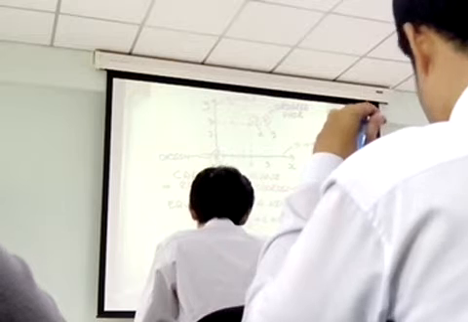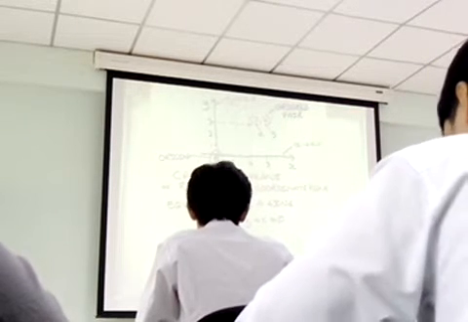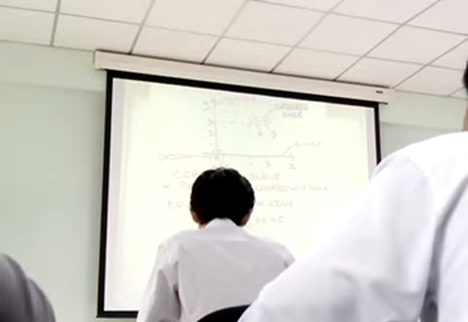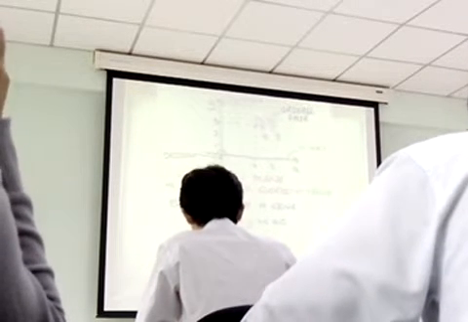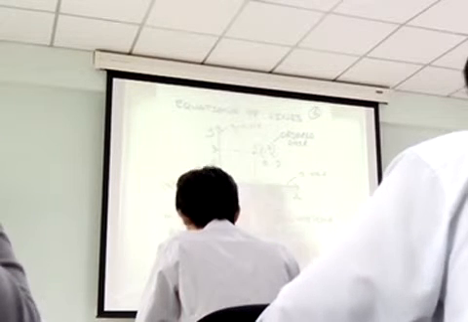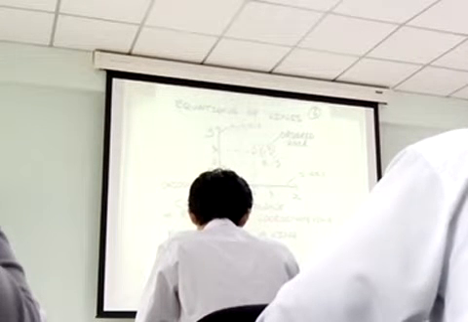So A, B, and C are numbers. I will give you an example in a moment. But X and Y represent the X and Y value.